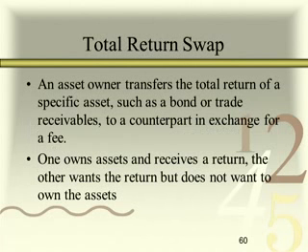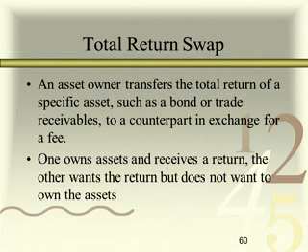Then we have total return swaps. Same thing, except we're now transferring the total return of a specific asset to a counterparty in exchange for a fee. So the expectation is to have a total return from this transaction of X%.